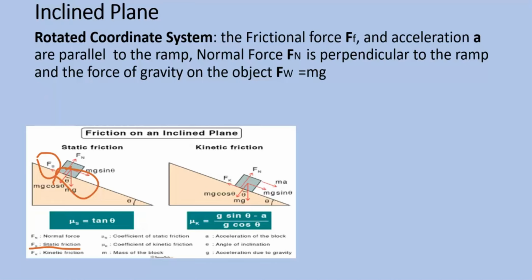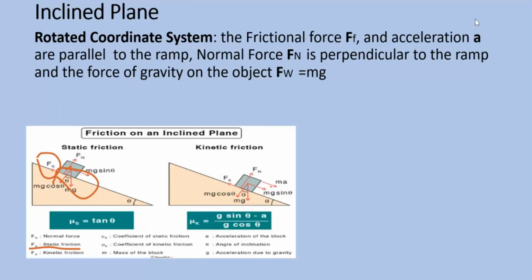Now looking at kinetic friction, the definition is similar to static friction, but the difference is that acceleration is now applied. With kinetic friction, the object is in motion. Static friction is when there is no motion. Here there is motion, and the normal force is still perpendicular to the ramp, mg cos theta is equal to the normal force, and mg sin theta is parallel to the ramp.